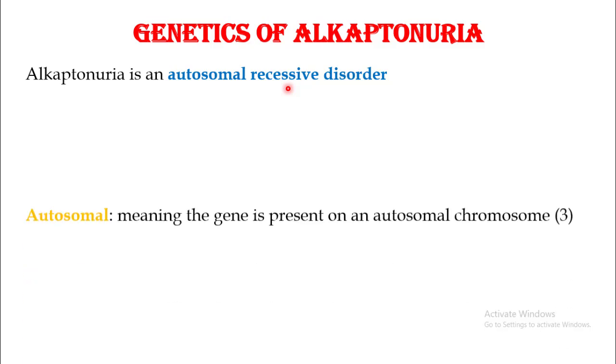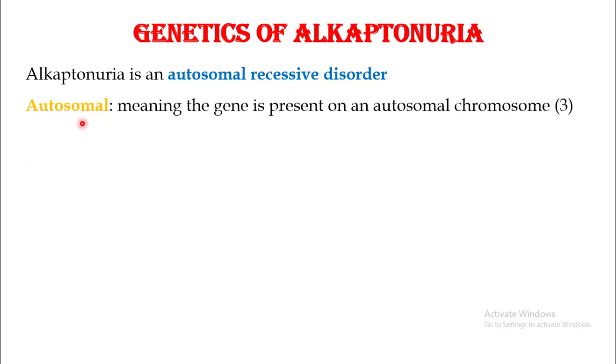Let us understand this. Autosomal means that the gene is present on an autosomal chromosome. We are talking about the gene for the enzyme homogentisate dioxygenase, and in this case, it is present on chromosome number 3.